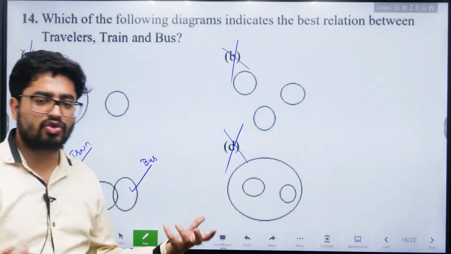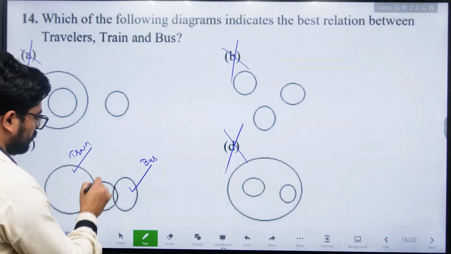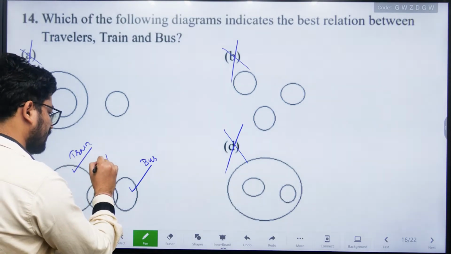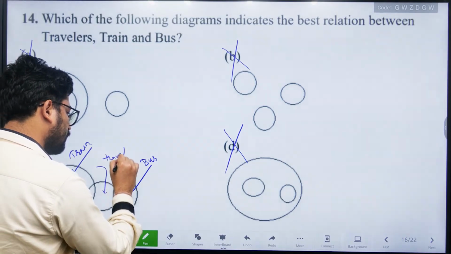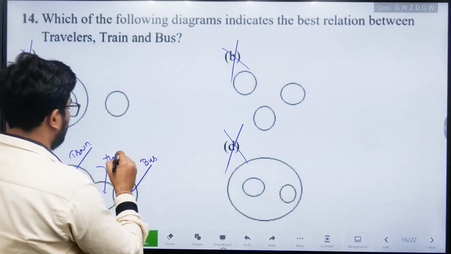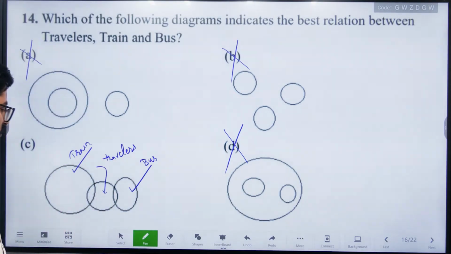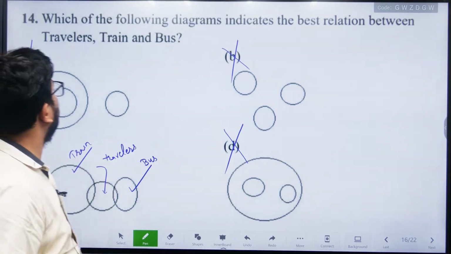Train and bus are disjoint, and travelers intersect with both. So this is the correct one. C is the correct answer.